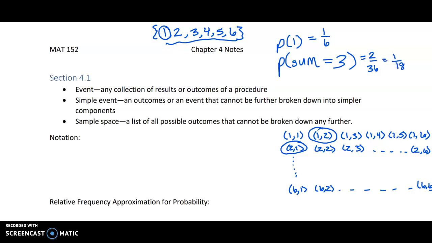So we're going to talk a little bit more about how do we find that probability. So notation-wise, we would write it this way. I've written both of those that way, where A is the event, and what this means is it's the probability of event A occurring.